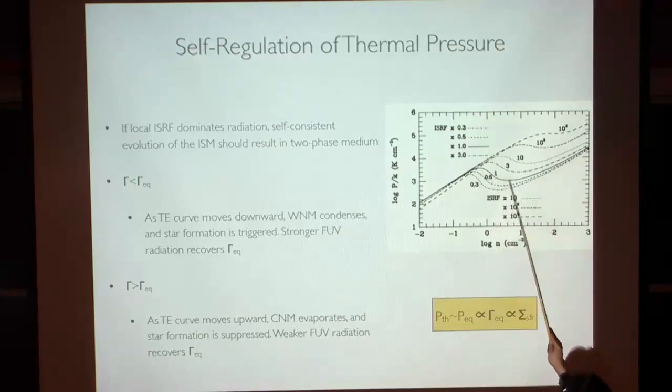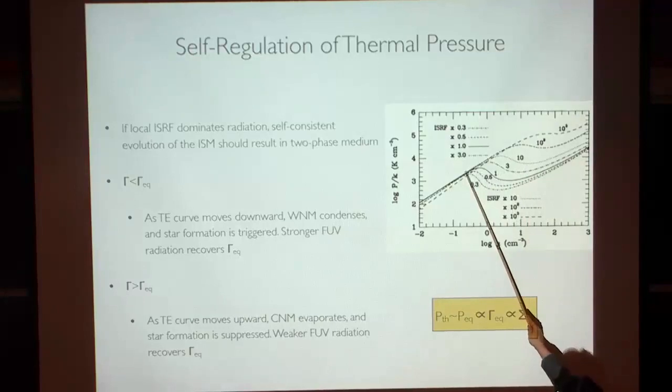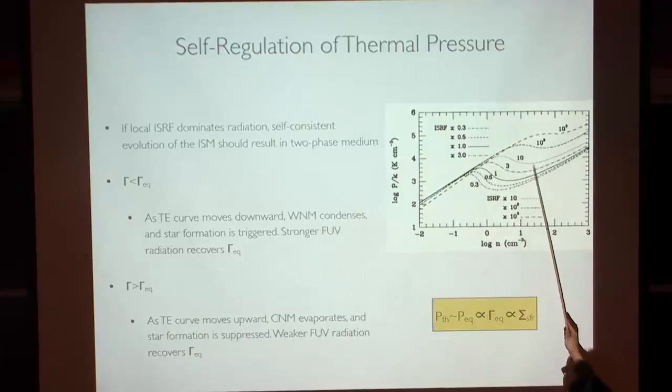Then this equilibrium curve goes up, and the warm medium can still be in thermal equilibrium. But now this cold medium falls into the heating dominated region, and then it will evaporate into the warm medium. Then you will lose a certain amount of cold medium, which suppresses your star formation, and it will decrease your heating rate again toward some equilibrium state.